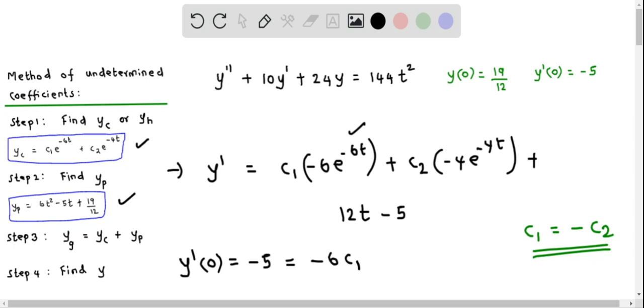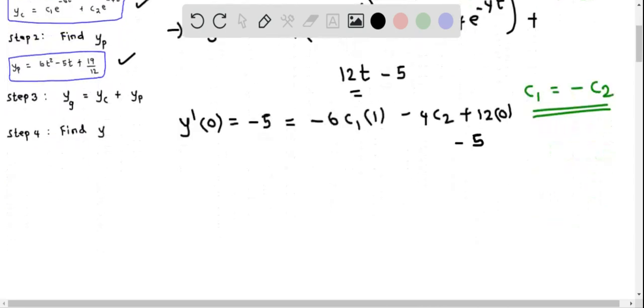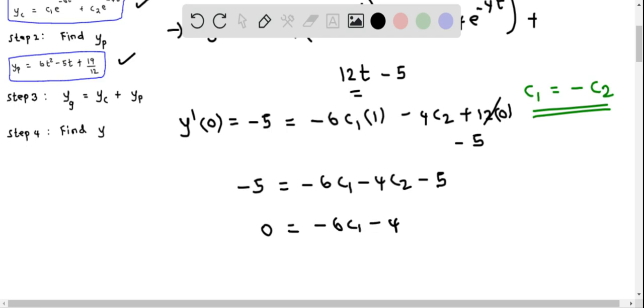We know that e raised to the power of negative 0 is basically 1, so it is negative 6c1, minus 4c2, plus 12 times 0 is 0, and then we have negative 5. So on the left we have negative 5, and this equals negative 6c1, negative 4c2, 12 times 0 is 0, and then negative 5. If we add 5 to both sides, we get 0 equals negative 6c1 minus 4c2.